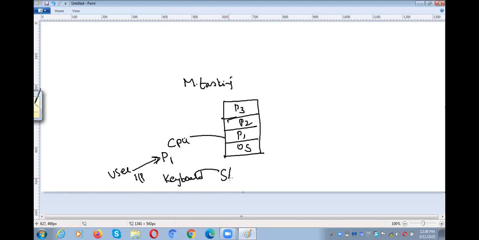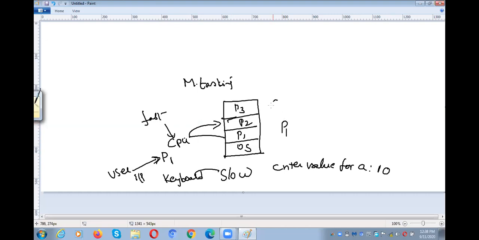The keyboard is very slow. The CPU is very fast. In order to avoid this time gap, whenever it asks you to enter a value for A, at that time you need to give the value 10 from the keyboard. In that fraction of time also, the CPU is switched from P1 to P2. Do you get my point? Even that fraction of time is very important to the CPU.